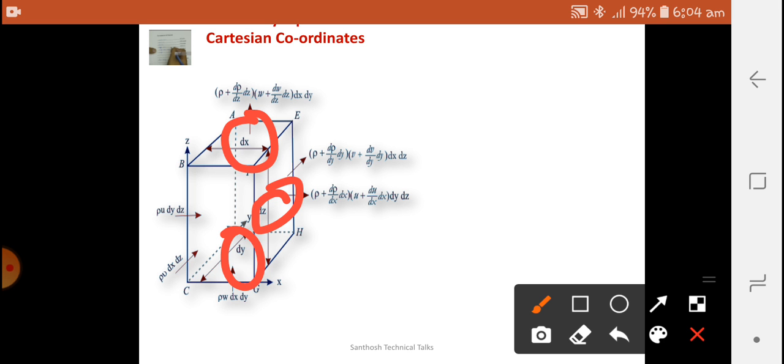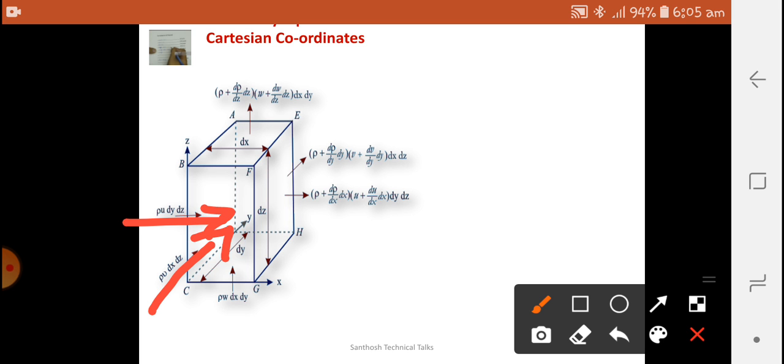And this fluid particle is having a motion: rho into v into dx into dz, rho into u into dy dz, and rho into w into dx dy.